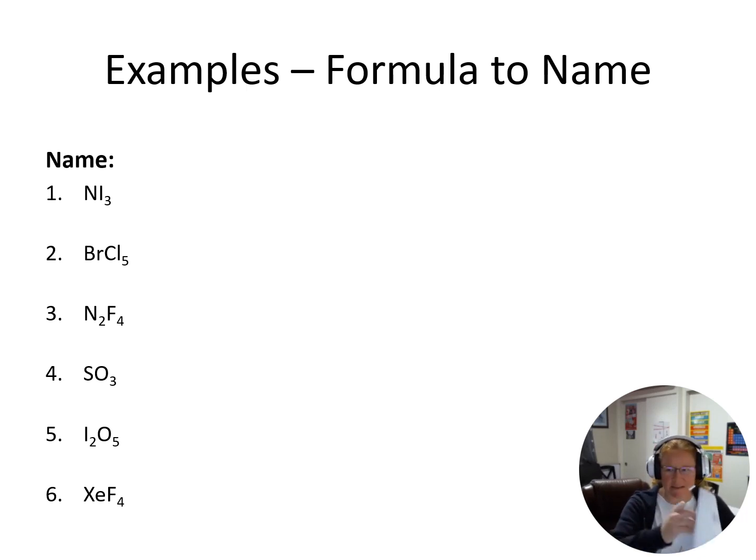We're going to first take some formulas and see if we can figure out the names. Here I have a nitrogen and 3 iodines, so I would get nitrogen triiodide.